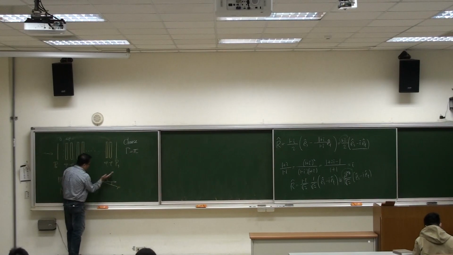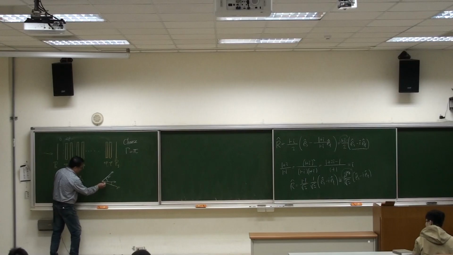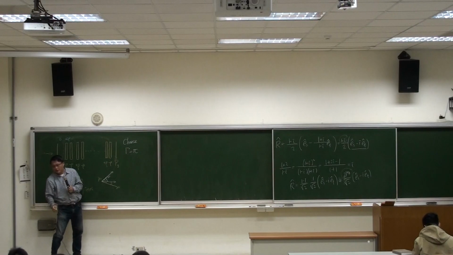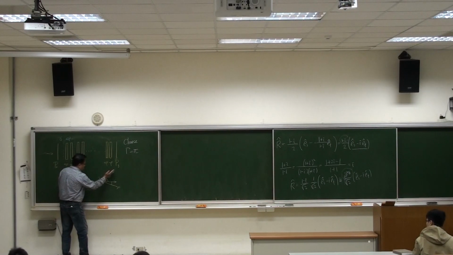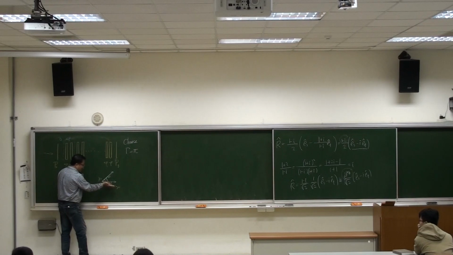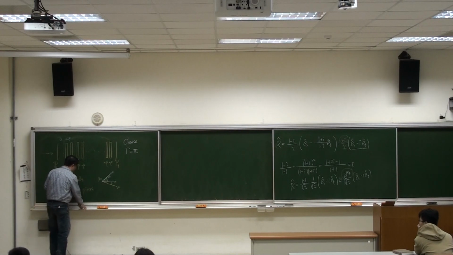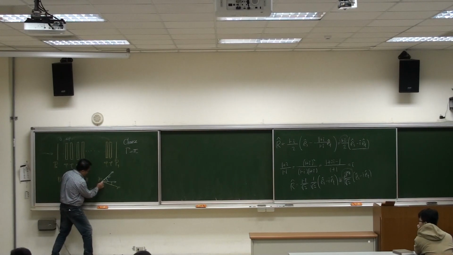The angle between this polarization and the direction of negative rho is 3 rho. This means that this polarization, after penetration through this wave plate, will become this new orientation.